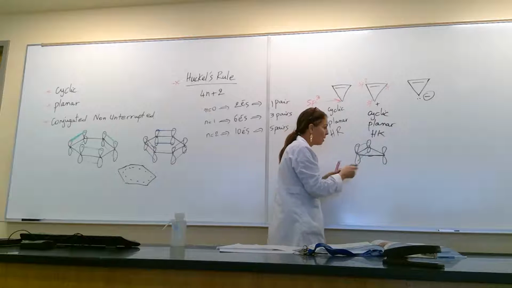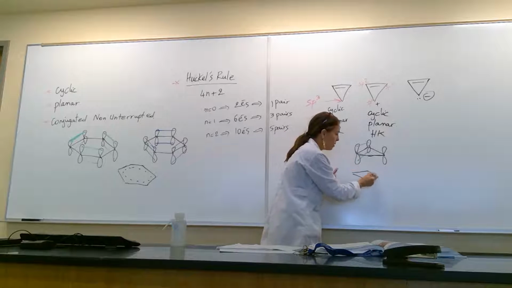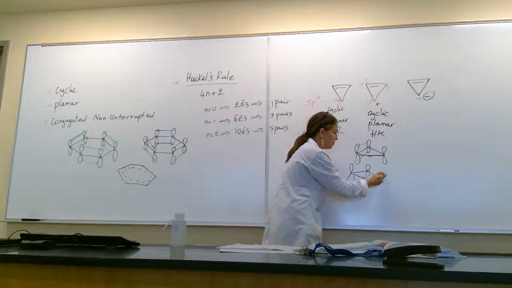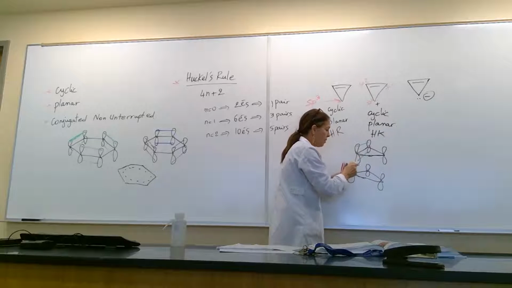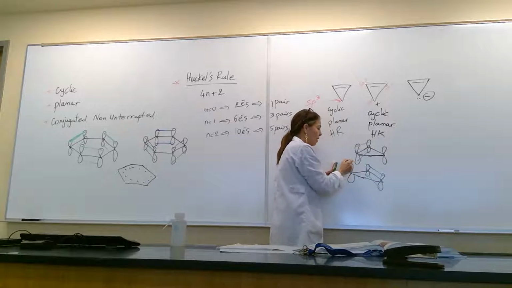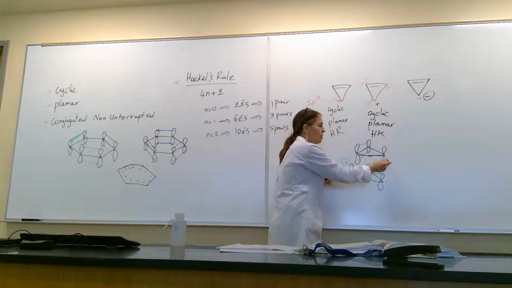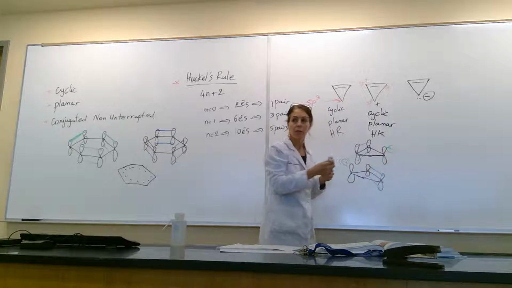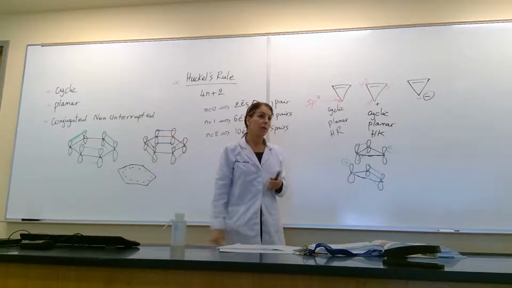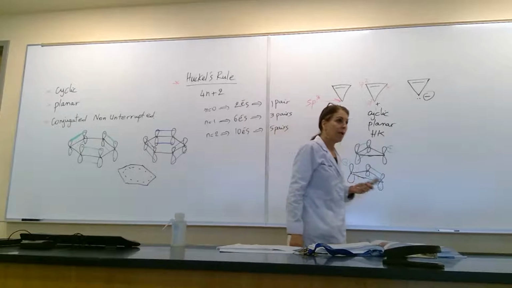Okay, so we can write another structure like this, where the electrons are attached this way, and this is positive. And this is positive. So that's conjugated, and it's also non-interrupted, so it's perfectly conjugated.